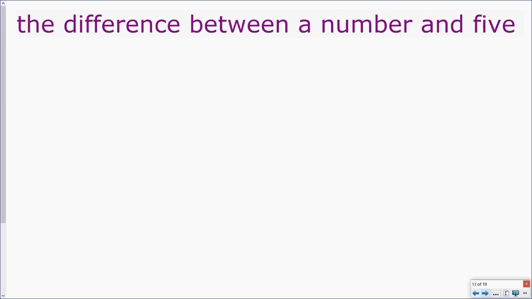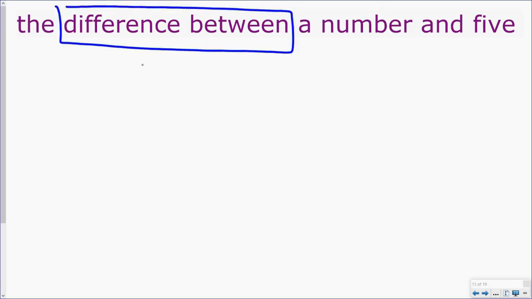The difference between a number and 5, well, when we talk about difference between, that is subtraction. A number, well, I don't know what that number is, so it's a variable. And again, I'm going to use n for that, and 5. So I'm going to put this in my expression.